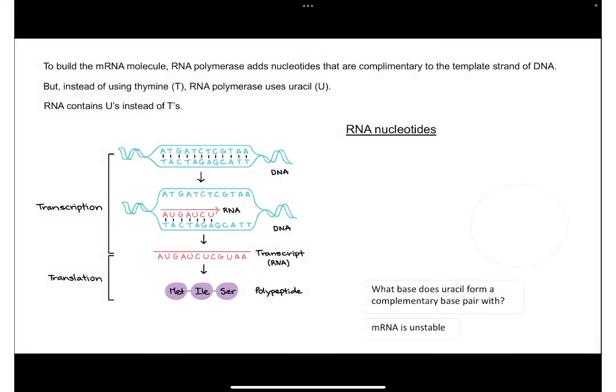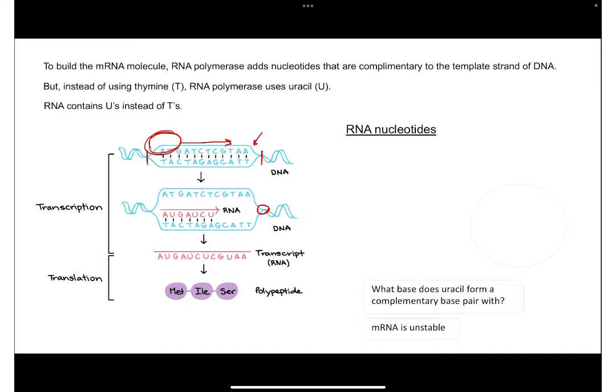So this gives us a little more detail of the transcription process. So here we have our double-stranded DNA, and this is the gene that we want to look at, that we want to transcribe, turn into an mRNA molecule. So what's going to happen is an RNA polymerase comes along, and it's going to do a couple things. It's going to unwind the double-stranded DNA.